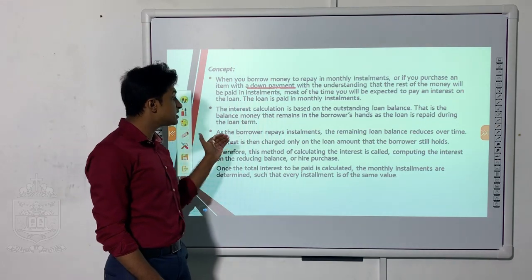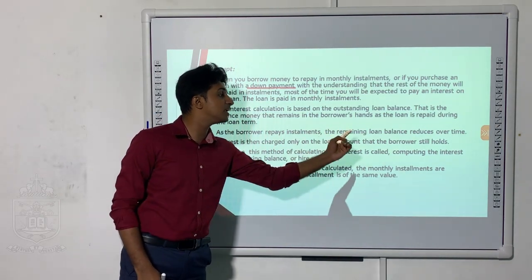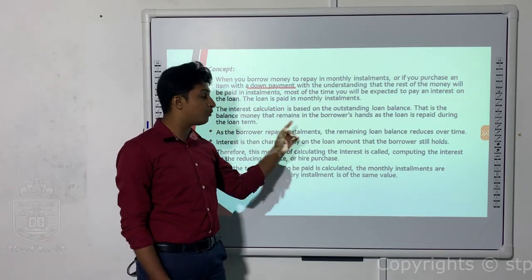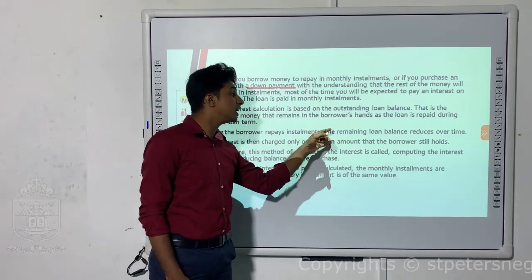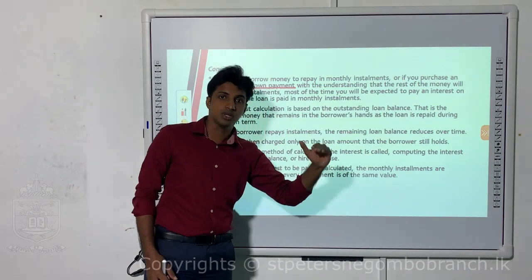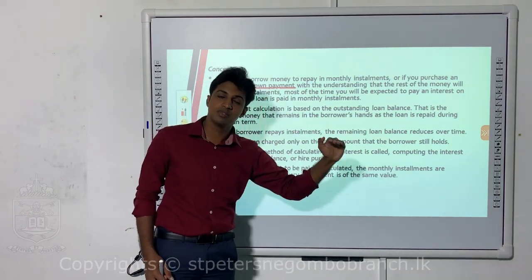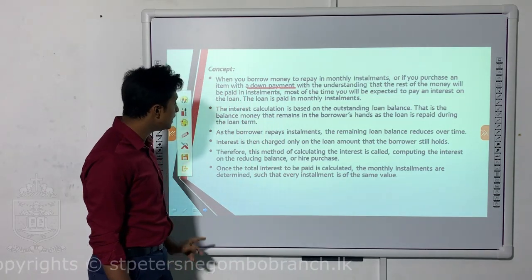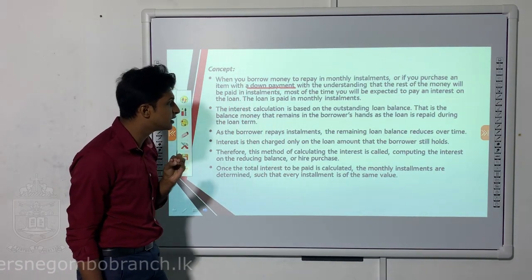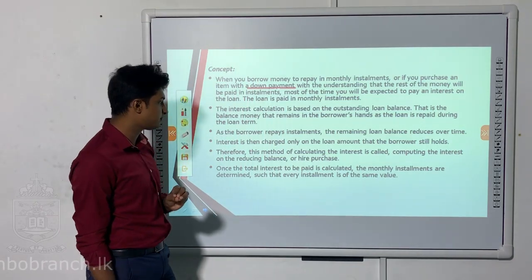As the borrower repays installments, the remaining loan balance reduces over time, from installment to installment. Interest is then charged only on the loan amount that the borrower still holds.